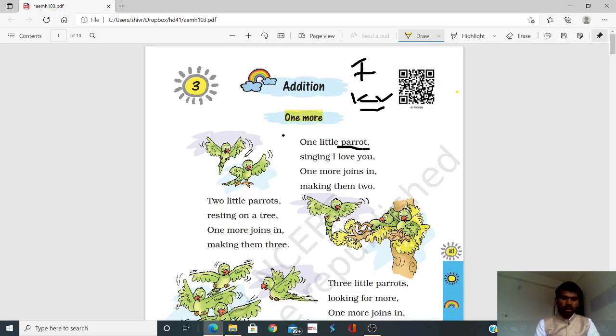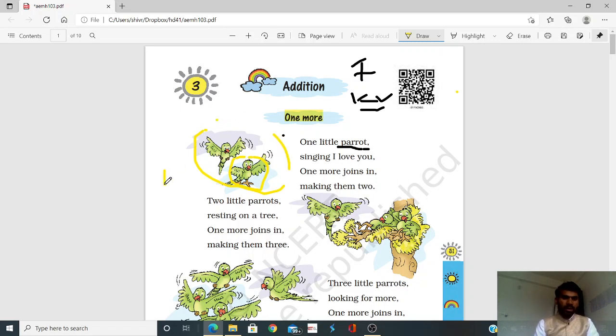Here you can see one parrot singing I love you. One more joins in. One is added there, and there you will see two parrots.